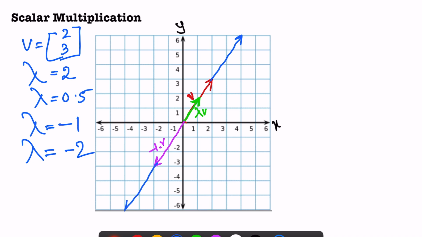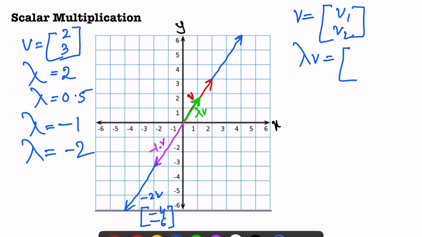It will be like that. This is -2v. So let's see the coordinates of -2v. It is what? This is -4, -6, right? And we can show that if vector v is v1, v2, then lambda v will be lambda v1, lambda v2. So each of the components will be multiplied by the scalar.